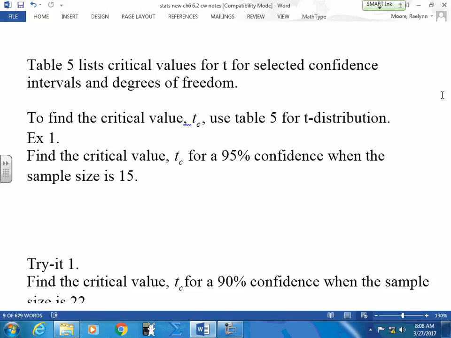You know you had a zc, and how you found your zc with inverse norm, remember? We're going to do this with t. With t, we're going to use your table. So we're looking for a critical value for a 95% confidence interval when the sample size is 15. Because n equals 15, the degrees of freedom are going to be n minus 1.